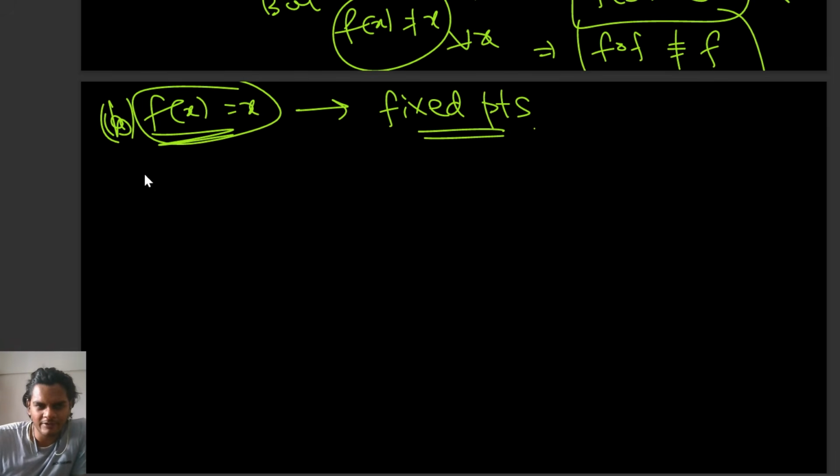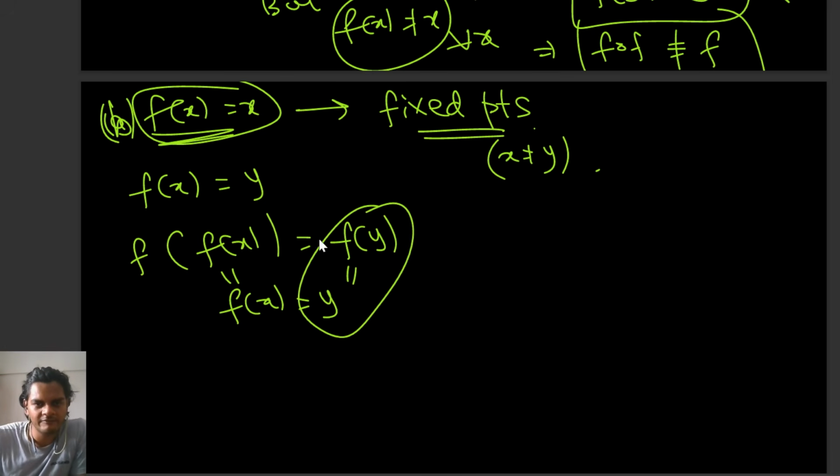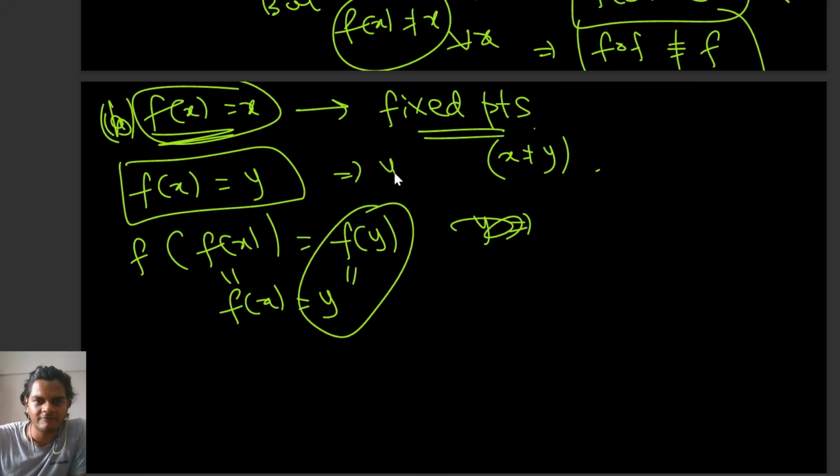Why is that important? So let's say f of x is equal to y and x is not equal to y. And f of x happens to be f of y, but this happens to be f of x, which is y. So f of y has to be y. So this whole thing f of x equal to y implies y is a fixed point.